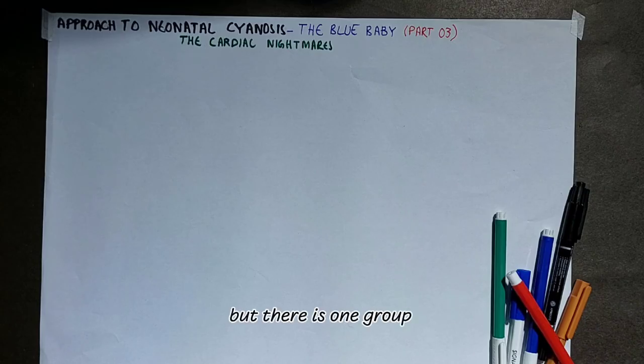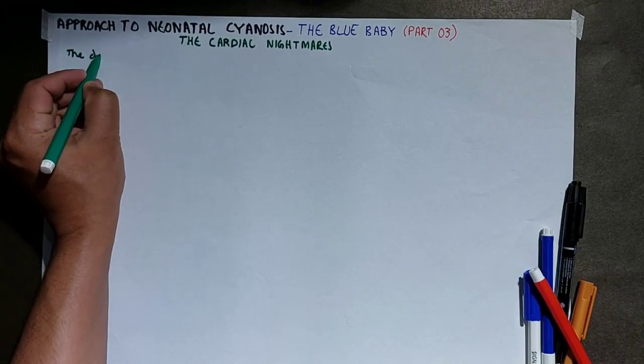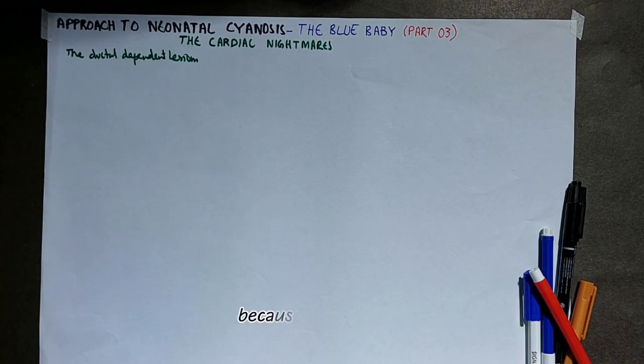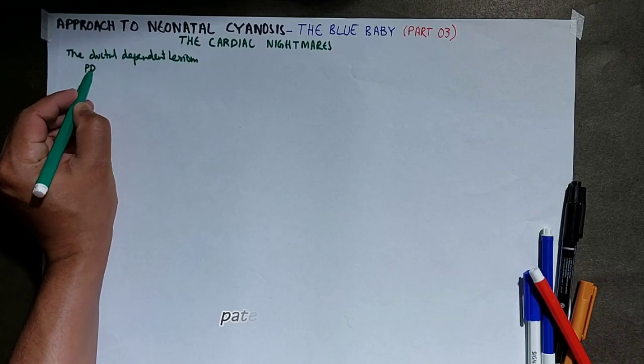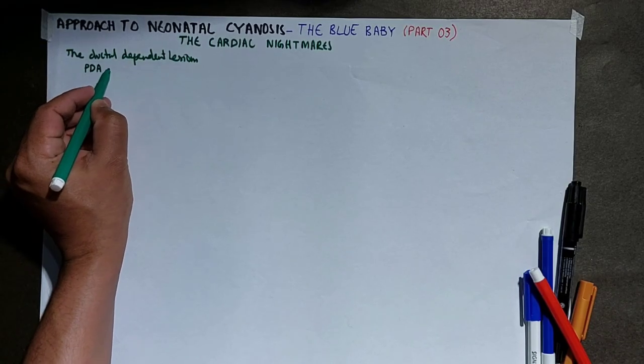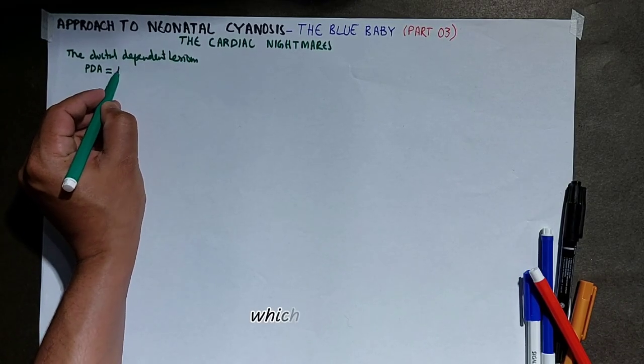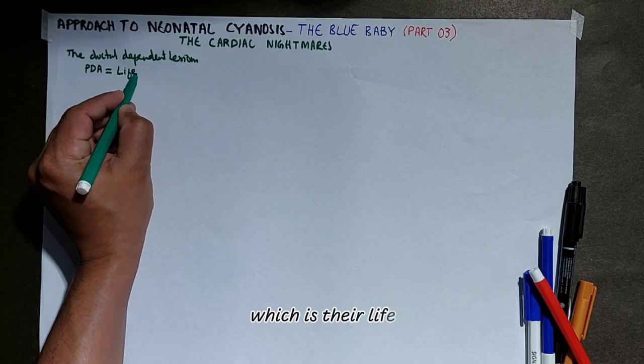But there is one group that terrifies every NICU team, the ductal dependent lesions, because these babies are born with a countdown clock inside their chest. That is, they have a patent ductus arteriosus, which is their life.